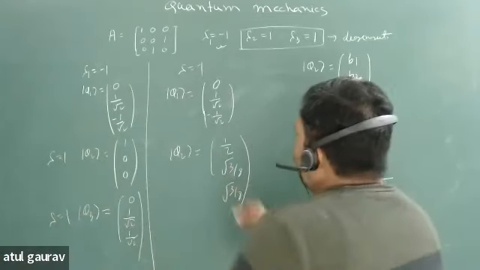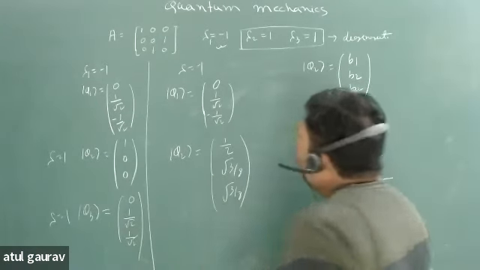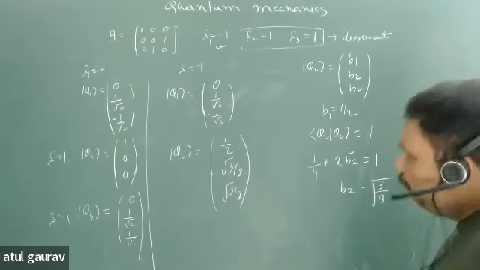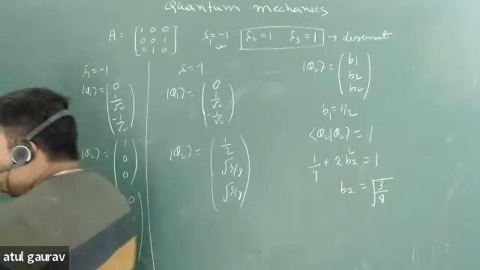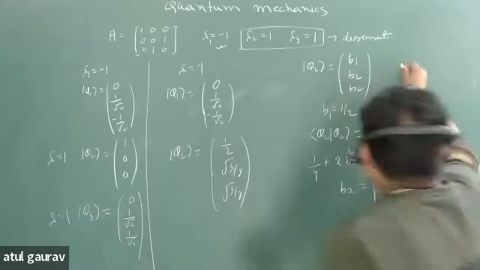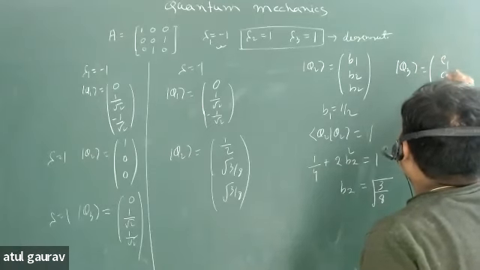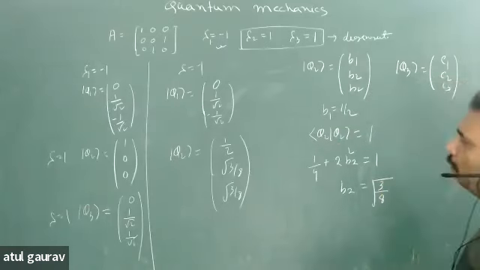Now, if this is my phi 2, can I write my phi 3 arbitrarily? No, sir. We have to use the orthogonal condition. And what will be my phi 3? My phi 3 is something C1, C2, C3. And we have to use the orthogonal condition.